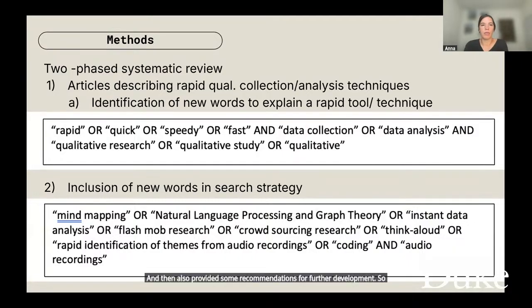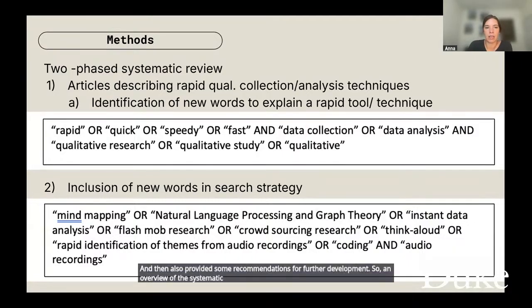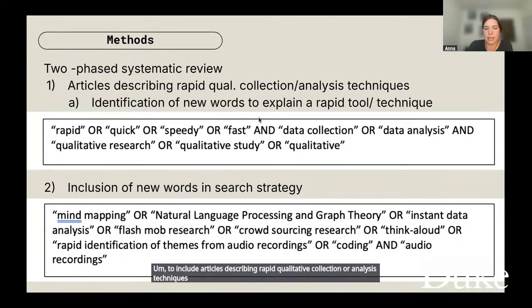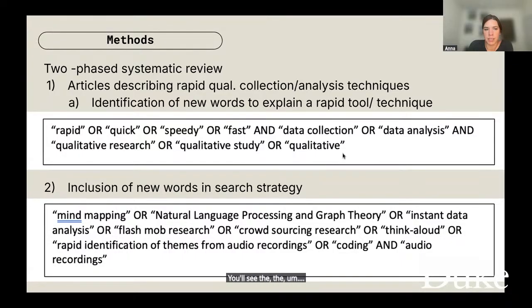So, an overview of the systematic review: they employed a two-phase method. The first phase was to include articles describing rapid qualitative collection or analysis techniques. You'll see the terms that they used here.